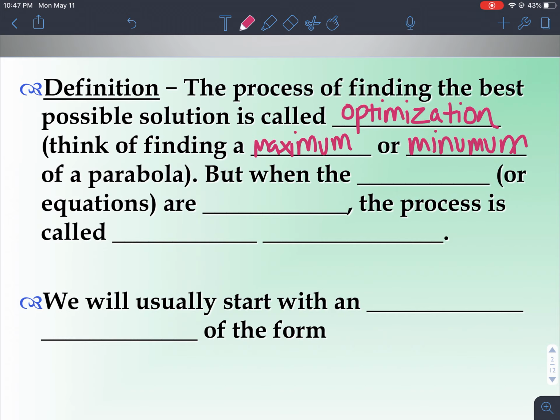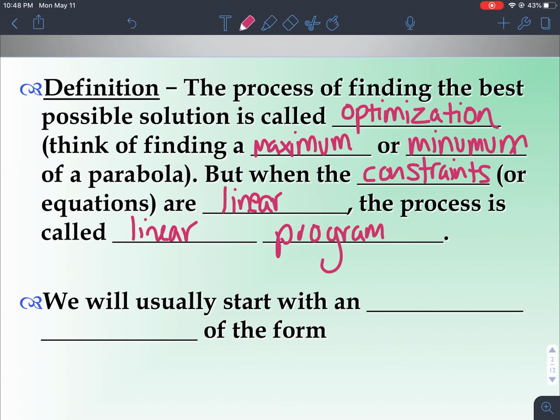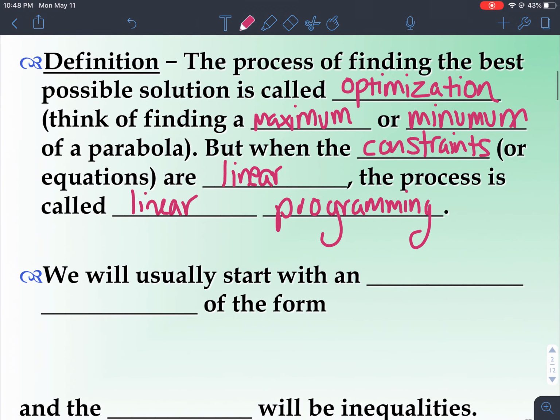But when the constraints, and in our case, these constraints are going to be equations or inequalities, are strictly linear, we will call the process linear programming. Very different from computer science programming. Okay? Strictly graphical, straight lines, inequalities.